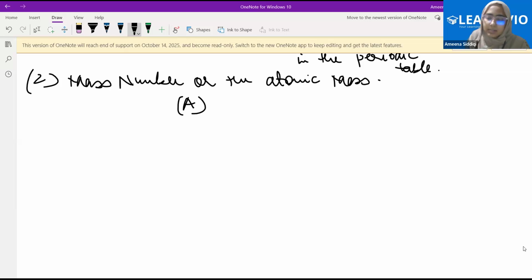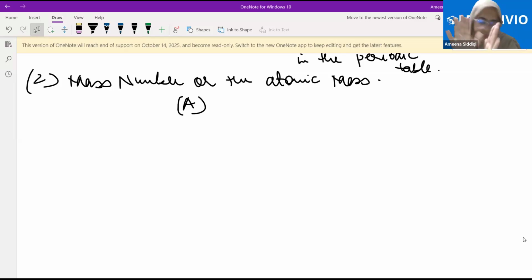What is atomic mass here? Mass of an atom. What is mass number then? See, let's quickly see. When all of you are done writing, let me know. I'll be explaining this. Please don't miss it.